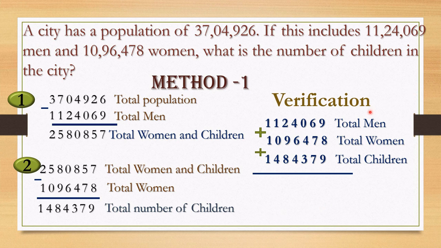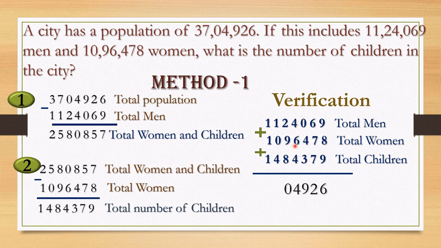We will add this. Okay, 9 plus 8 plus 9. How much? 26, isn't it? So 6, here 2 carried over. What is this? 7 plus 7 plus 6 plus 2. How much? Yes, 22, right? Here 2 is carried over. 2 plus 0 plus 4, that is 6, plus 3, that is 9, right?